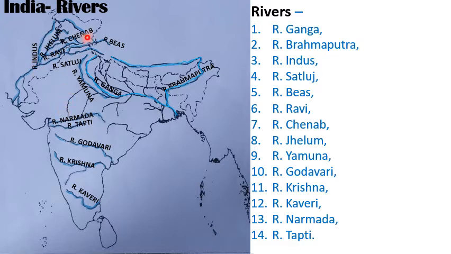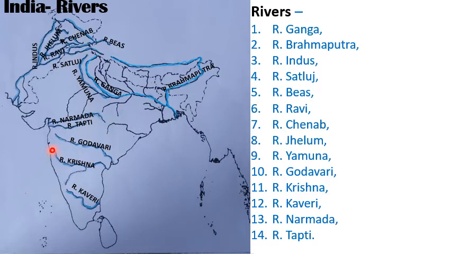Then Yamuna, the most important tributary of river Ganga, which joins Ganga at Prayagraj, which was known as Allahabad earlier. Then Godavari originates from Western Ghats and falls in Bay of Bengal.